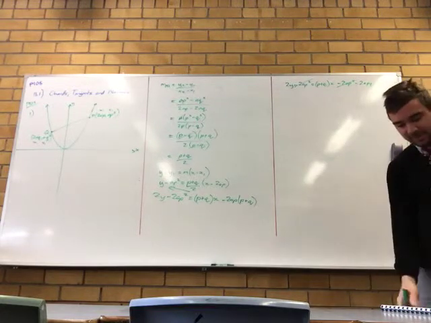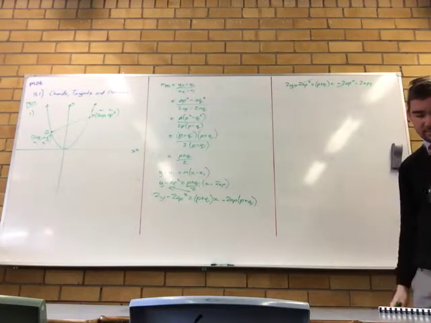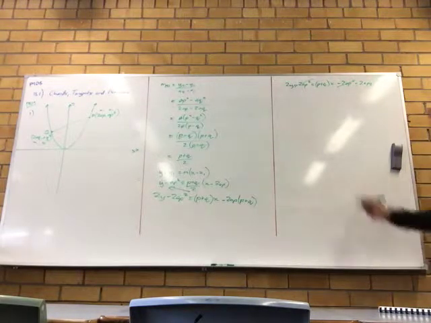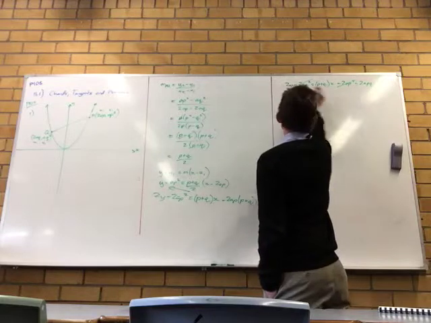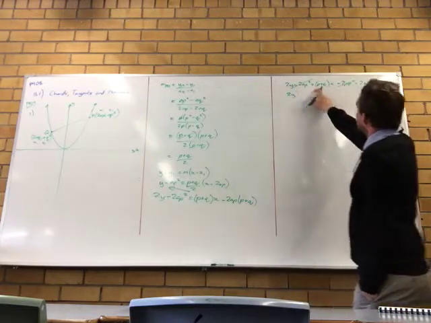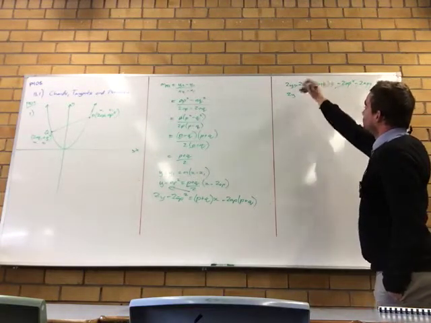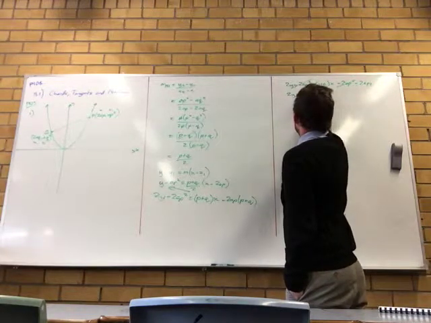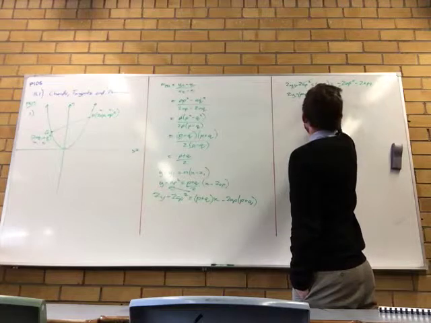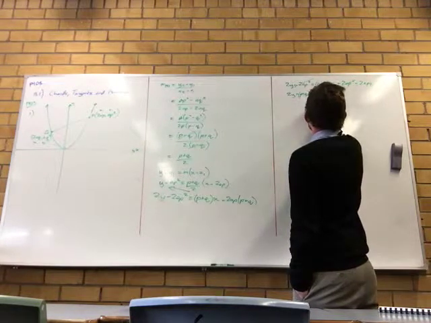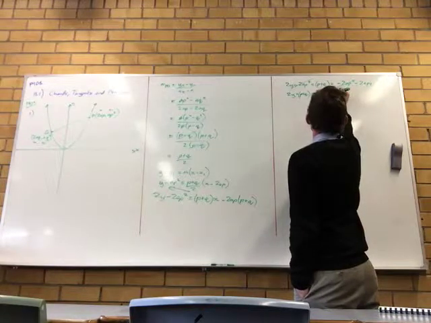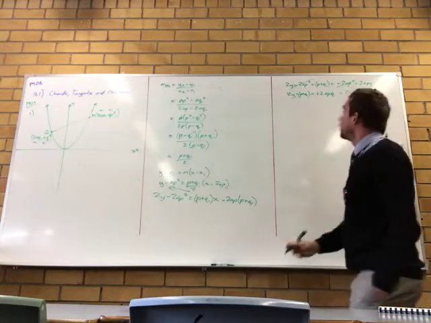And then the format that your answers look like: 2y going on the left side of the equals. We need to move this over to the left side. Take away P plus Q, lots of x, plus 2APQ is equal to 0.